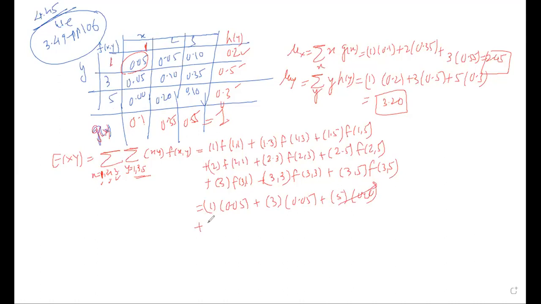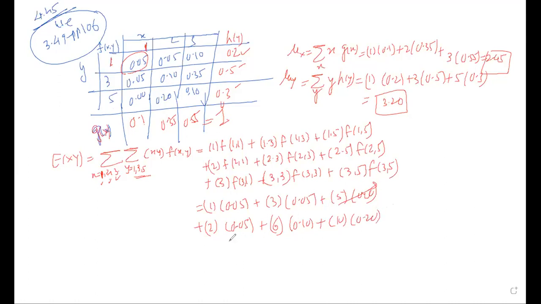Then plus 2 and 2 and 1. 2 and 1 is 0.05. So 0.05, plus 2 and 3 is 6, and here it is 2 and 3, that is 0.10, plus 5 2s are 10, and 2 and 5, that is equal to 0.20.